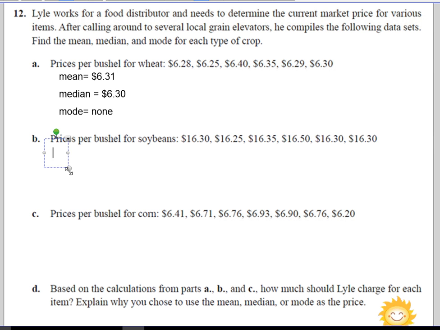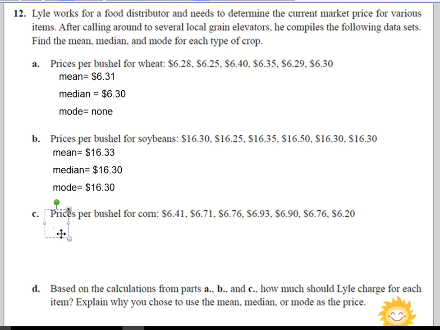And for our soybeans, we get the mean. If we add them up and divide by 6, we get $16.33. The median price of the soybeans was $16.30. And then the mode, the most often price, here we had 3 that were 16.30.